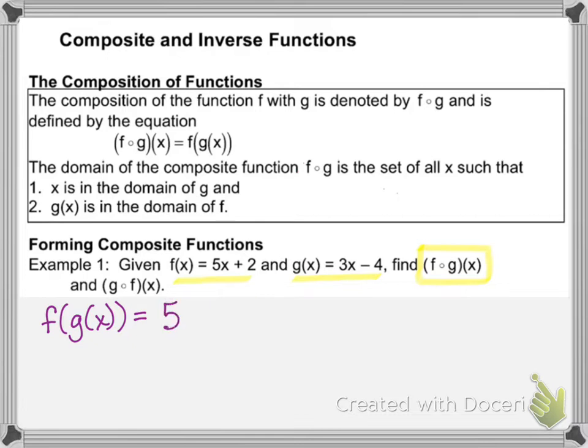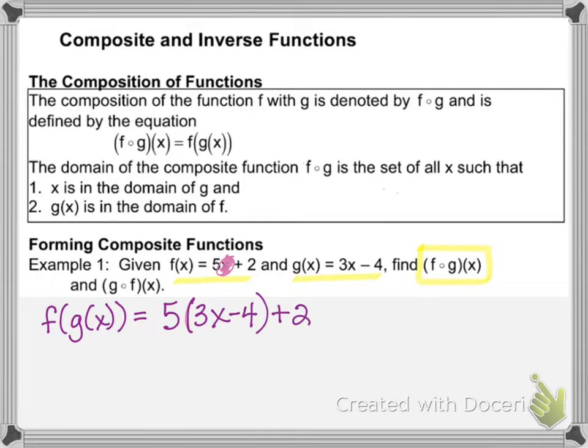So I start with 5, and then this x right here is going to disappear. Okay, so literally I'm going to make it disappear, and I'm going to replace it with my g function. Let me put it there. So 3x minus 4. And then after that x, there was a plus 2.